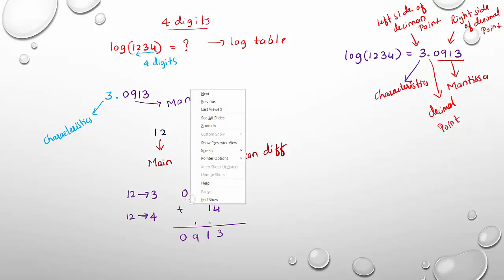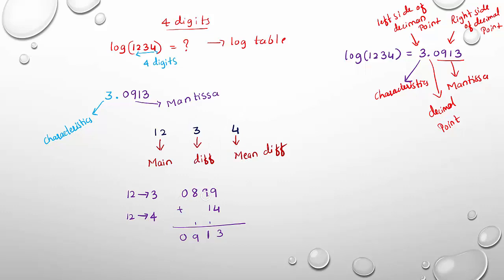That number is 0899. Then for 12 we observe the mean difference column, which gives 14. We add these two numbers. We got the final answer 0913 and we write it here. So 3.0913 is the answer. Here 3 is called the characteristic and 0.913 is called the mantissa.